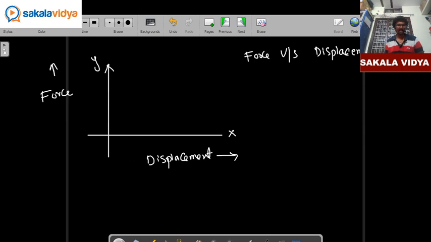For example, if this is our curve, according to our concept 1, the work done will be equal to the area of this curve.